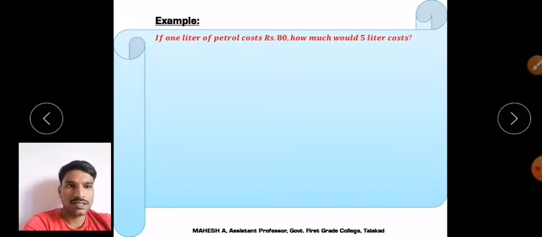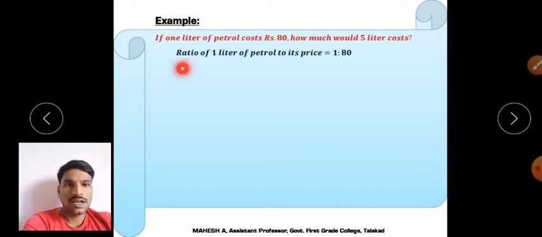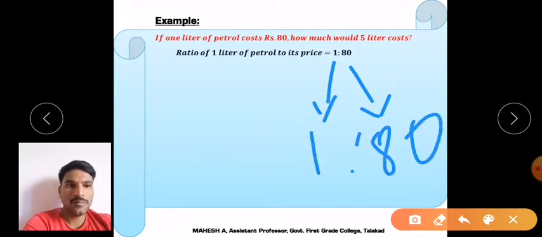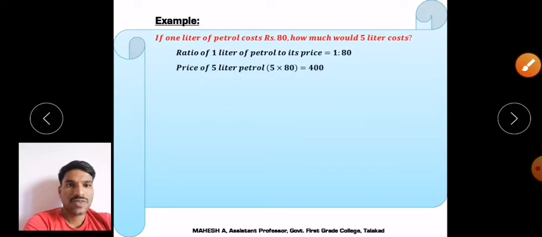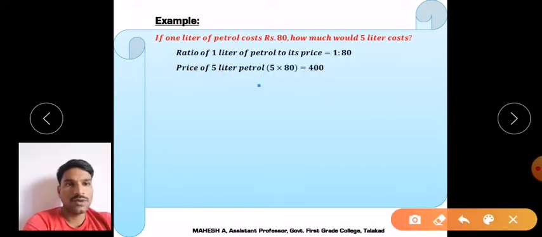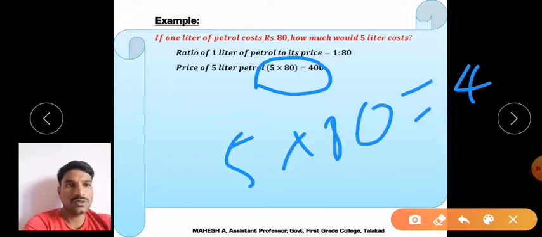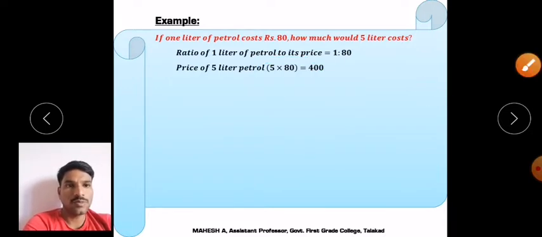Let's have a solution. See, the ratio of 1 liter of petrol to its price is 1:80. That is to say, 1 liter of petrol costing 80 rupees. Next, the price of 5 liters of petrol: you know that 5 liters into 80 per liter, so the total will be 400 rupees.